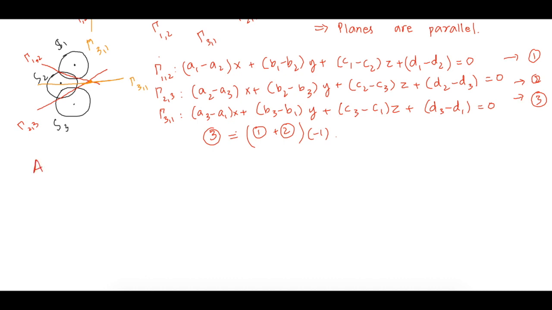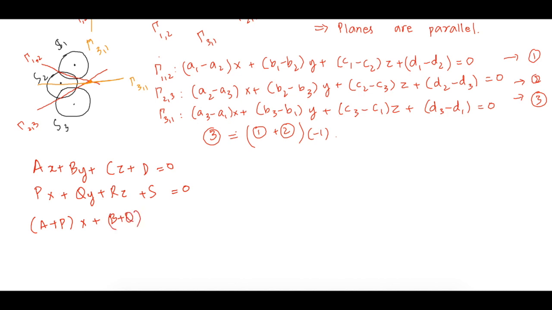If we have ax plus by plus cz plus d equal to 0, and then we have some px plus qy plus rz plus s equal to 0, and then we have, for example, (a plus p)x plus (b plus q)y plus (c plus r)z plus (d plus s), this is also equal to 0.